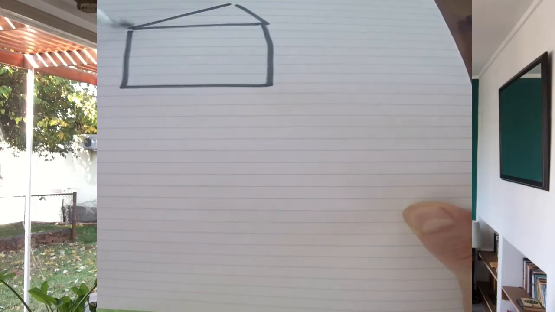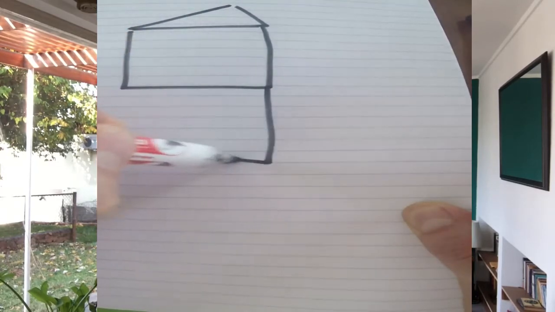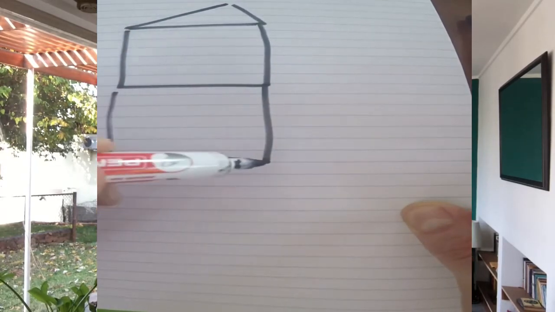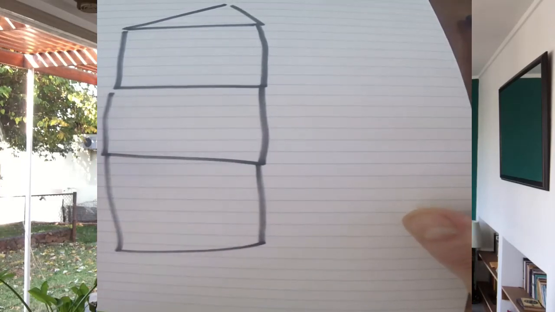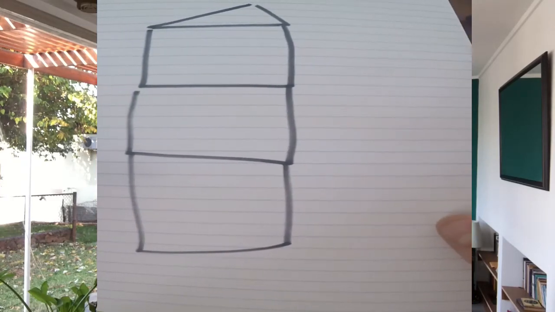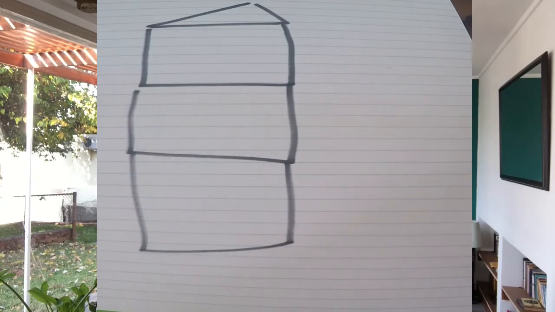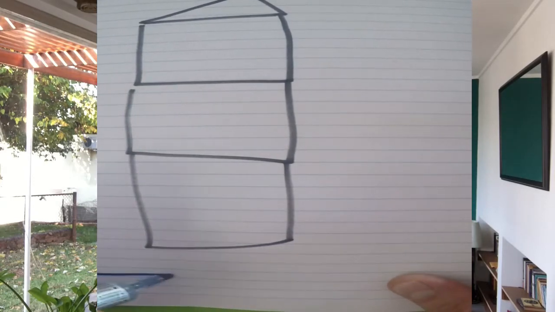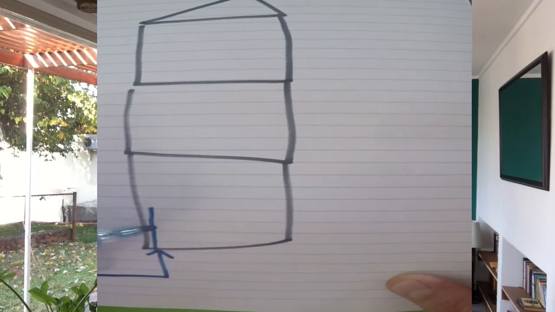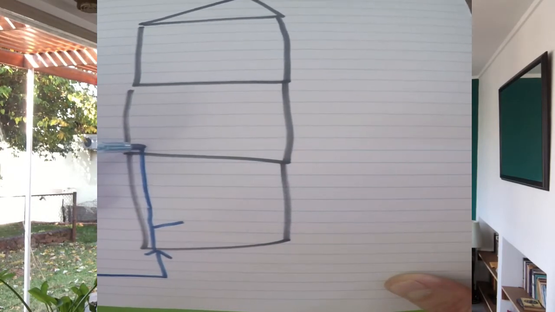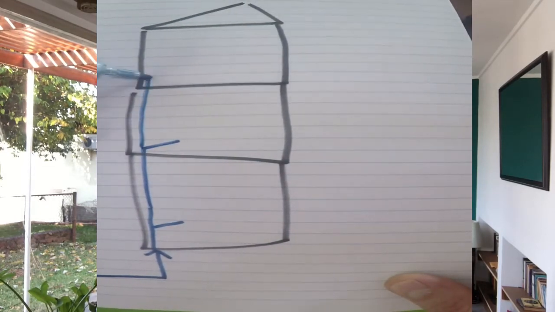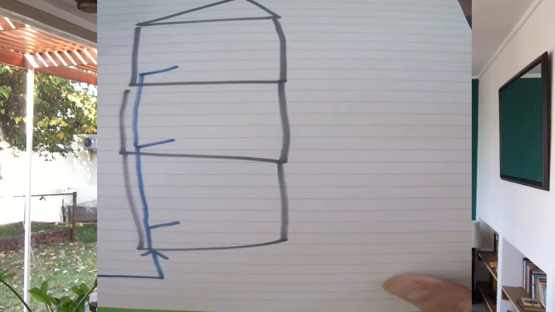We've got a house here with 3 stories, and we have our cold water coming in, and it supplies a bath, and it goes up and supplies another bathroom, and up and supplies another bathroom.